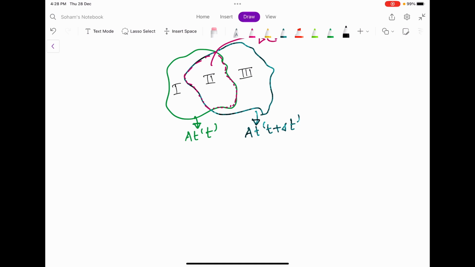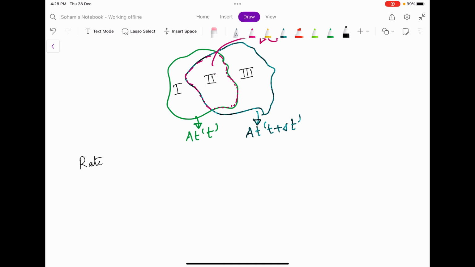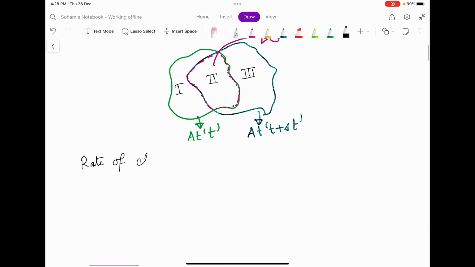Now if I have to define the rate of change of a property N, a very important point is that this N must be conserved.